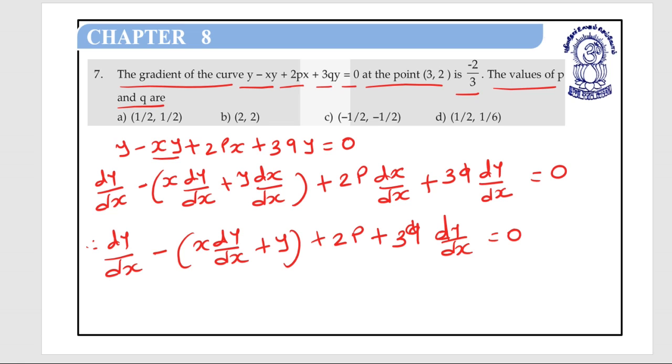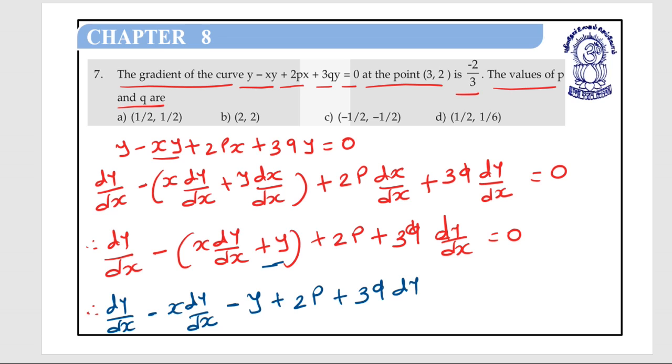So dy by dx minus x dy by dx, minus y plus 2p plus 3q dy by dx is equal to 0.